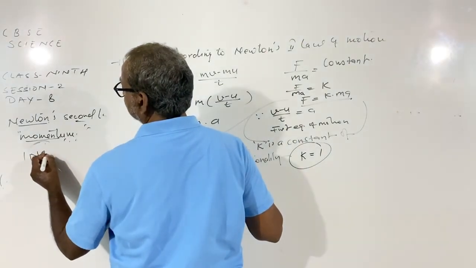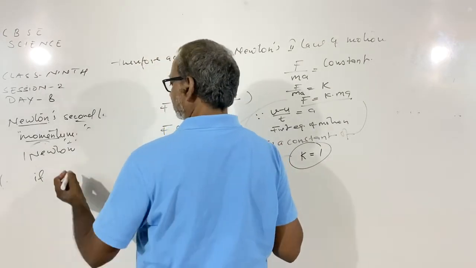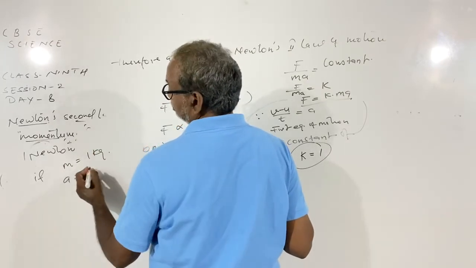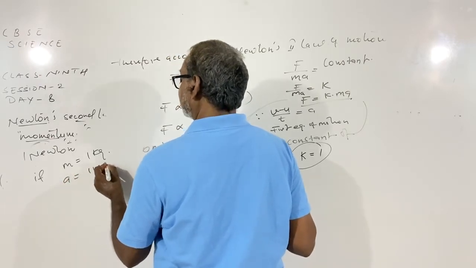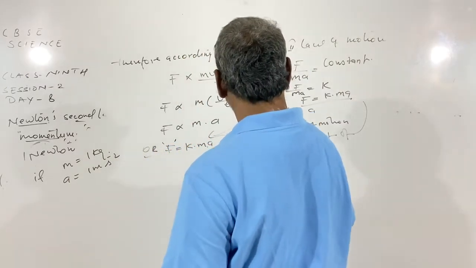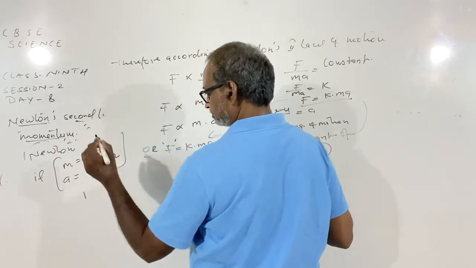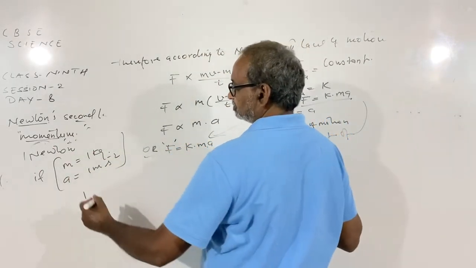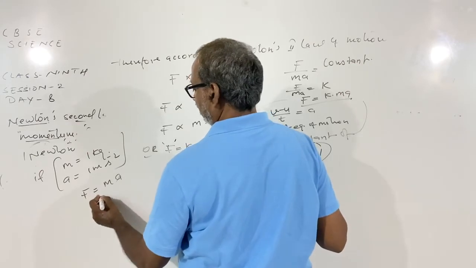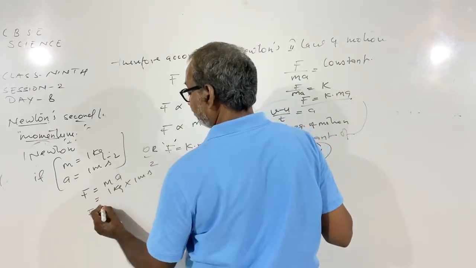If m is equal to 1 kilogram and a is equal to 1 meter per second square acceleration, then substituting the values in this equation, F is equal to ma, so F is equal to 1 Newton.